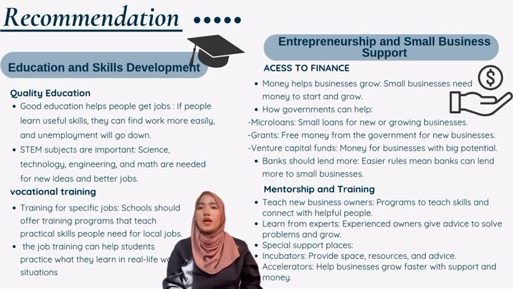Second is grants. A grant is free money from the government to support new businesses. Last one is venture capital funds, which are investments in businesses with big potential. Banks should make it easier to lend money to small businesses. For your information, when small businesses grow, it helps boost the economy.